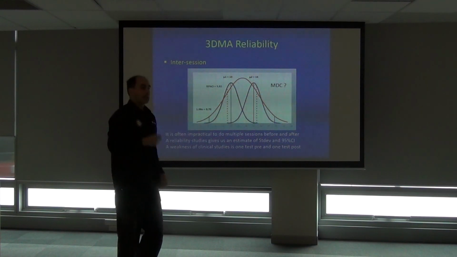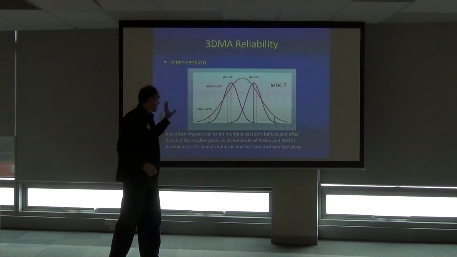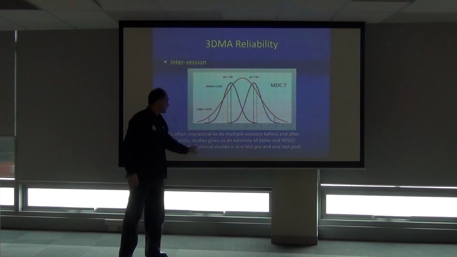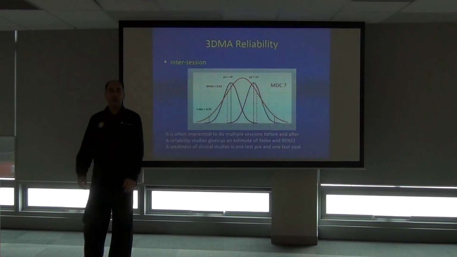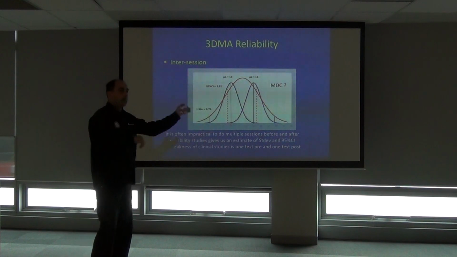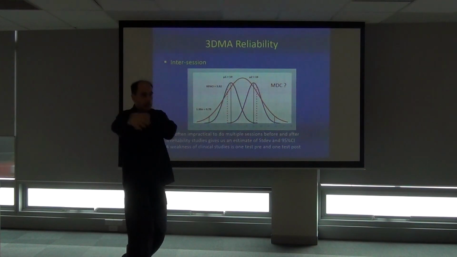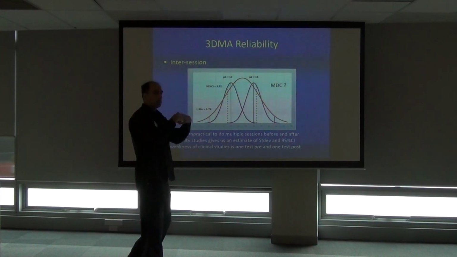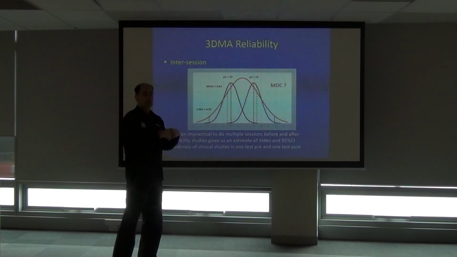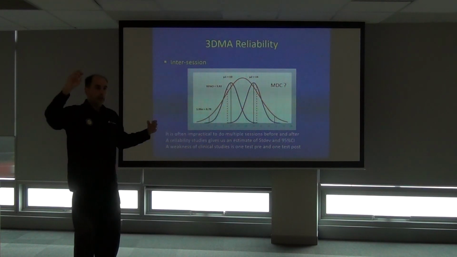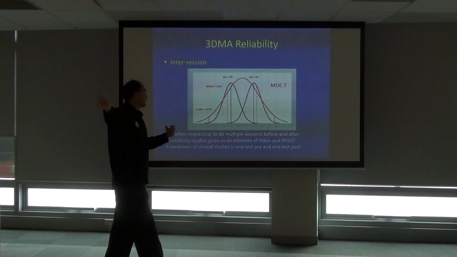Okay? But if they come in once, which is typically what happens in clinical studies, because it's inconvenient to get people in multiple times before and multiple times after, usually it's just one. One time before, test, intervention, sometime later, one test after.